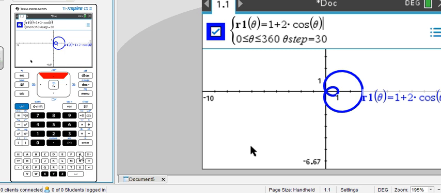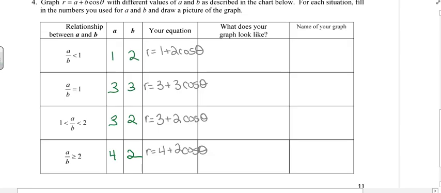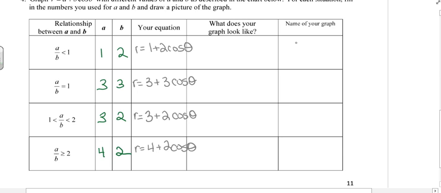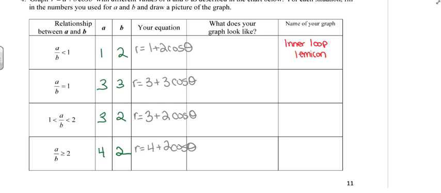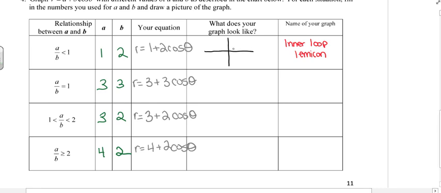So when my A over B value is less than 1, the result is that limaçon with an inner loop, or an inner loop limaçon. And as far as what it looks like, we already drew a picture. There's another picture.